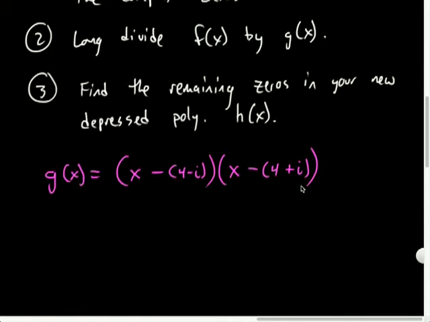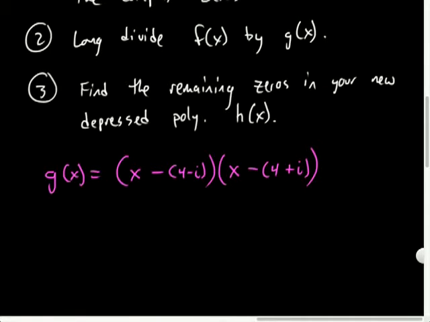Does that kind of make sense, roughly, ignoring all the imaginary parts? Like if I told you that this was x minus 5 and x plus 10, then you would have known that my zeros were positive 5 and negative 10.